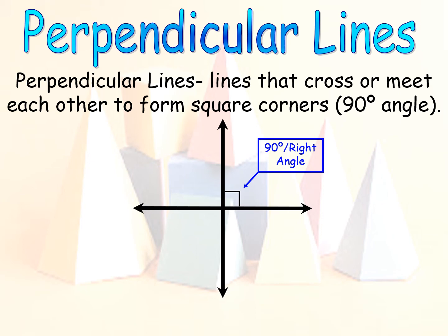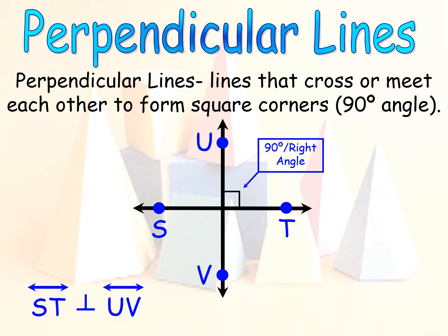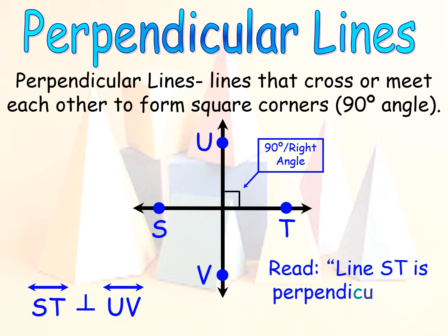So take note the difference between intersecting lines and perpendicular lines. Intersecting lines, they just intersect or cross without forming any 90-degree angle, while perpendicular lines form a square corner, okay? So in here, line ST is perpendicular to line UV. So those are the symbols, and when we read it, it is line ST is perpendicular to line UV.